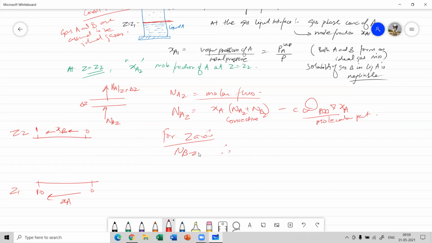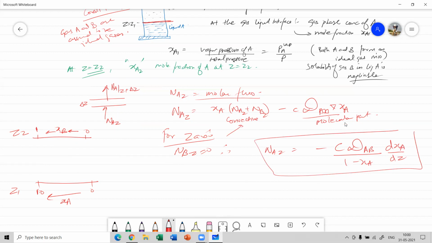So from this equation, NAz is nothing but minus C DAB over (1 minus XA) times dXA by dZ. This is the NAz which we'll be using.